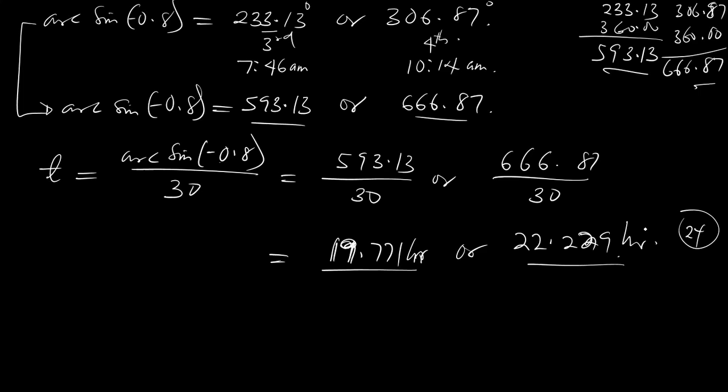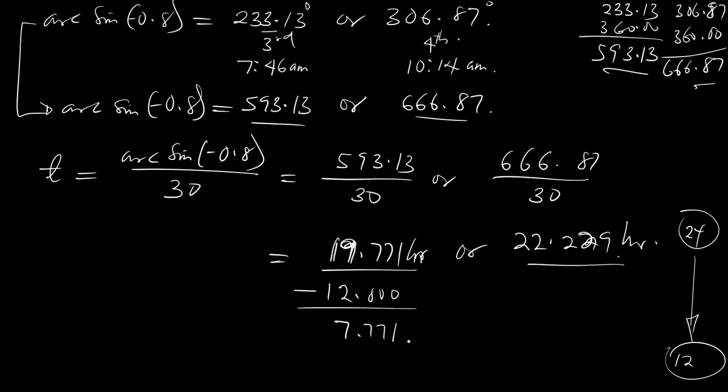24-hour mode. To change from 24-hour mode to 12-hour mode, we will subtract 12 hours. If you subtract 12 hours, you have 7.771, and we have converted this 0.77 hours to minutes before.